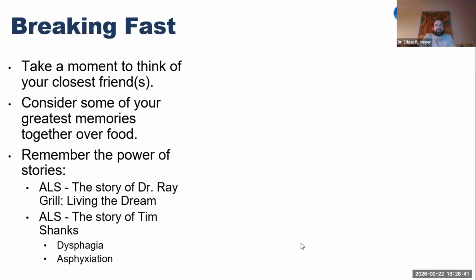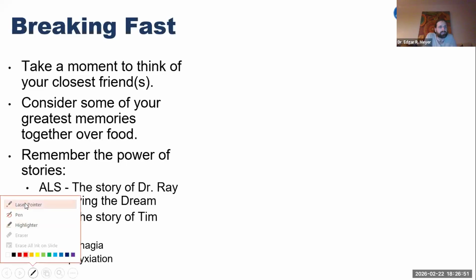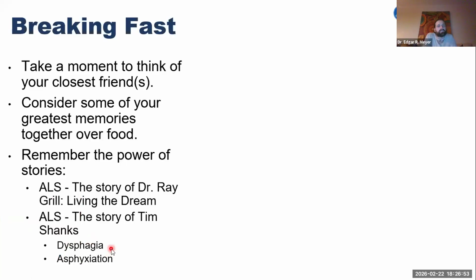But in the last moments of people's lives that suffer from the disease, they usually have to deal with things like dysphagia, the inability to swallow and use those volitional muscles that control our pharynx.